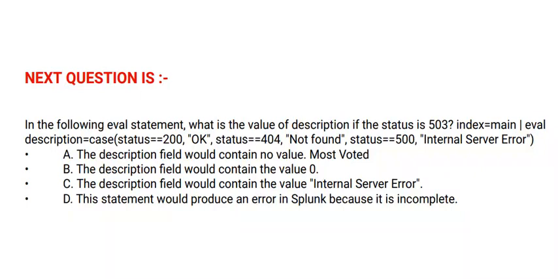Option B, the description field would contain the value 0. Option C, the description field would contain the value internal server error. And option D, this statement would produce an error in Splunk because it is incomplete. The correct answer is option A.